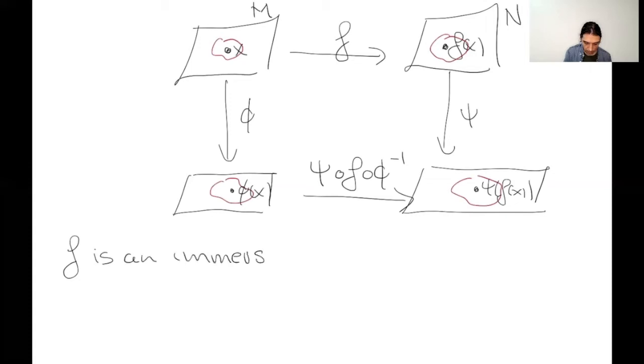This is our hypothesis. But let's remember for a minute that phi can be interpreted as a diffeomorphism between an open subset of the manifold M and an open subset of R^n with the usual differentiable structure.